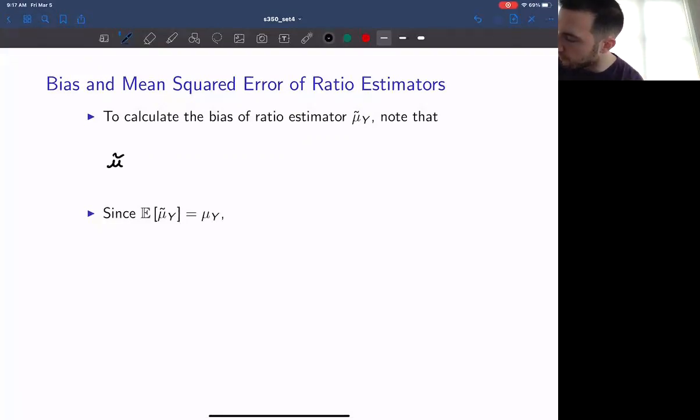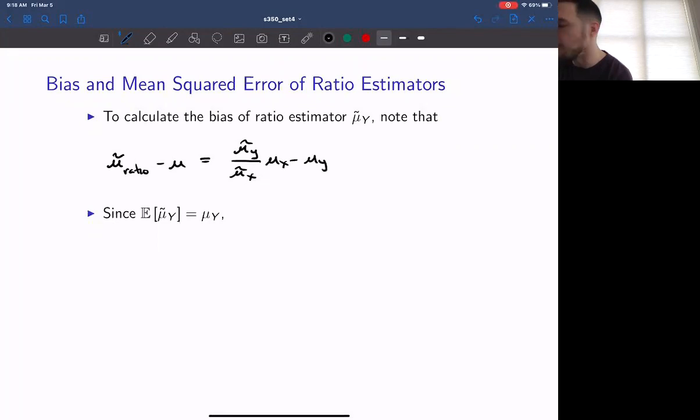So we can show that mu tilde ratio minus mu is equal to mu tilde y over mu tilde x multiplied by mu x minus mu y, which is equal to mu tilde y times 1 minus mu tilde x minus mu x divided by mu bar x, minus mu tilde y.